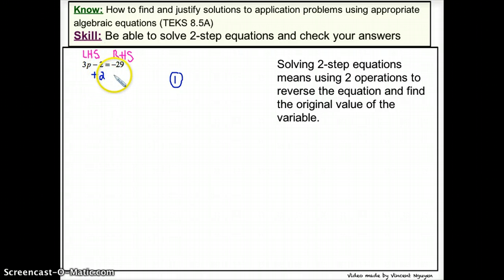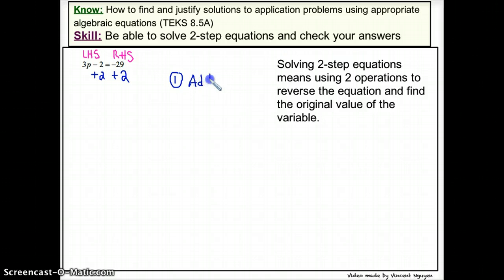But then I must also add it to the right-hand side of the equation. The reason I need to do that is because I have to keep the equation balanced. If you add 2 to the right-hand side without adding 2 to the left-hand side, or vice versa, you will undo the equal sign, and we don't want to do that. We want both sides to equal each other. So my step number 1 in this problem is add 2.